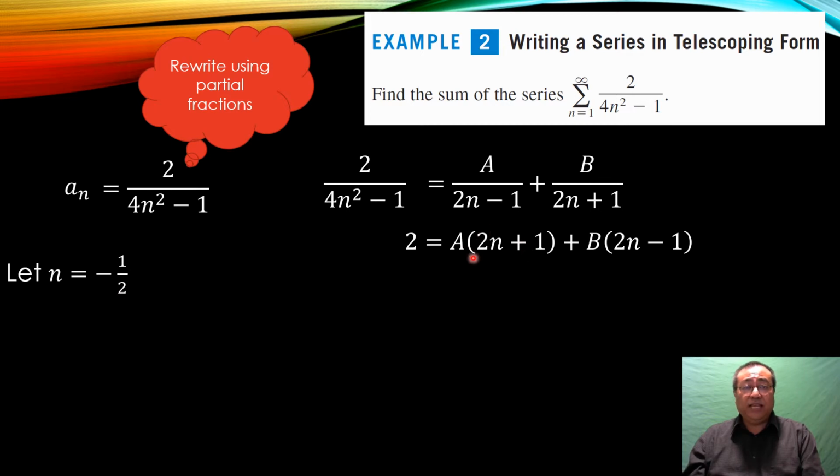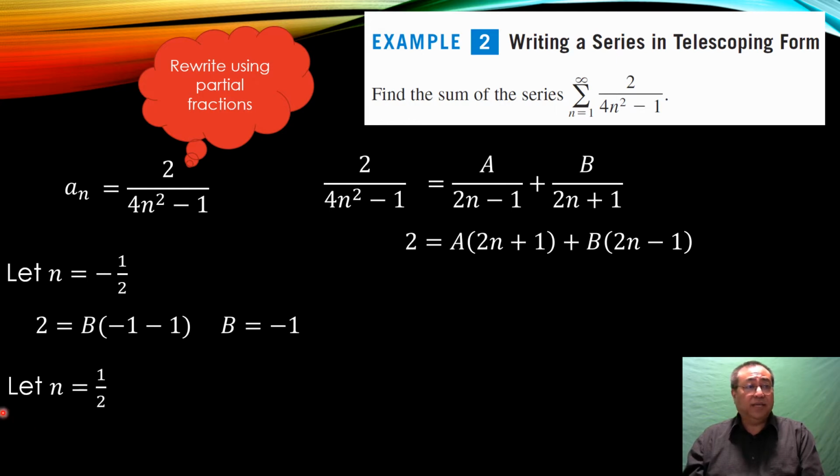If I plug it in here, that's 2 times negative half, which is negative 1. Negative 1 plus 1, so the A gets wiped out when n equals negative 1/2. But over here, this becomes negative 1 minus 1. So 2B times negative 1 minus 1, which means that's going to be negative 2B, so B equals negative 1.